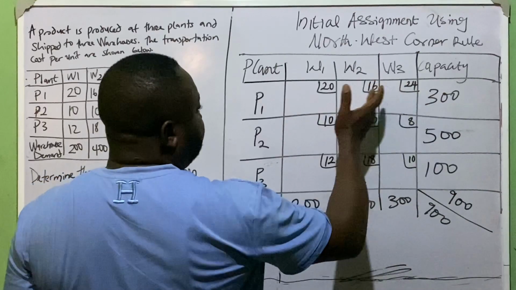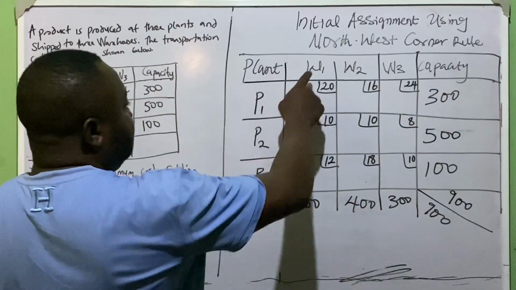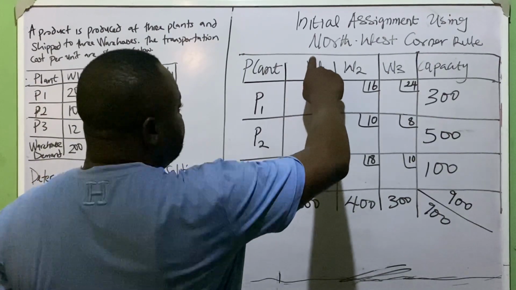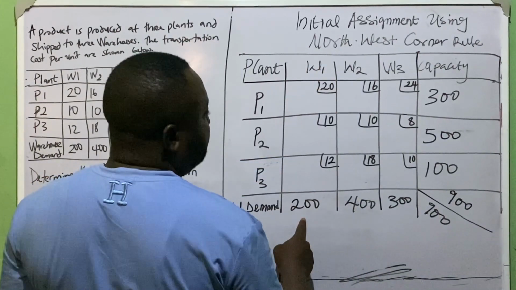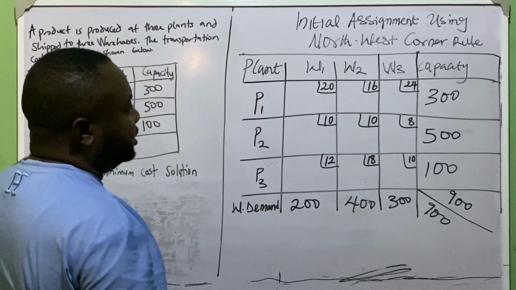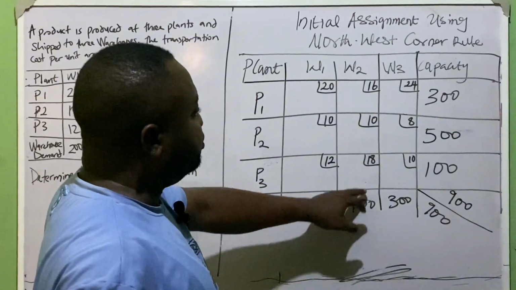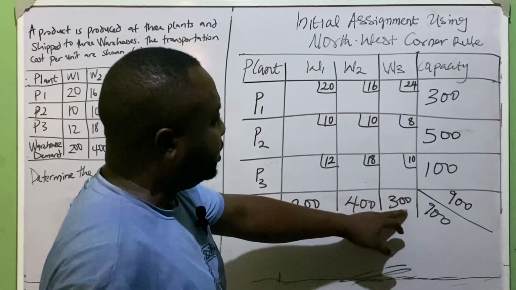You feed these cells from here. And there will never be a time when W1, which is warehouse 1, will hold more than 200, because that is the demand capacity, that's how much it can hold. The same explanation goes for W2, which cannot hold more than 400. Of course, W3 cannot hold more than 300.